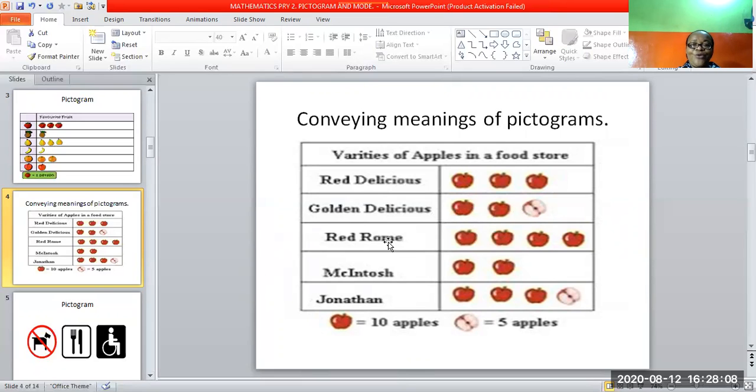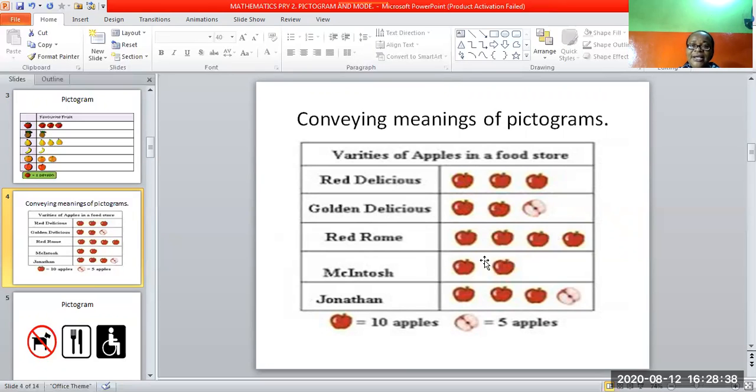Let's look at red rose delicious apple. How many were sold? 10, 20, 30, 40 apples were sold on that same day. 40 of it were sold. And then let's look at Macintosh.